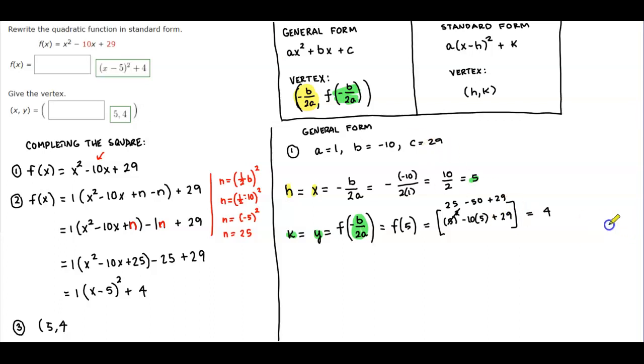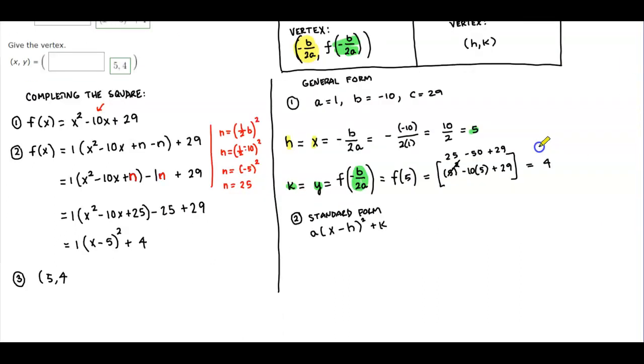Then all we need to do is just use our standard form. So now recall what the standard form looks like, and that is a times x minus h squared plus k. Okay, so what do we know?